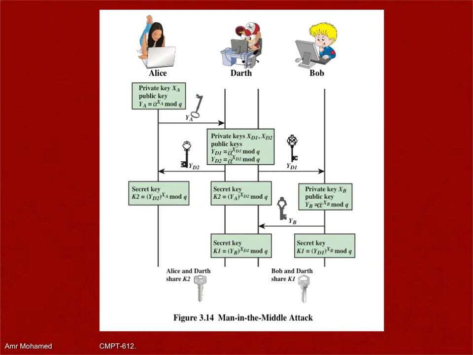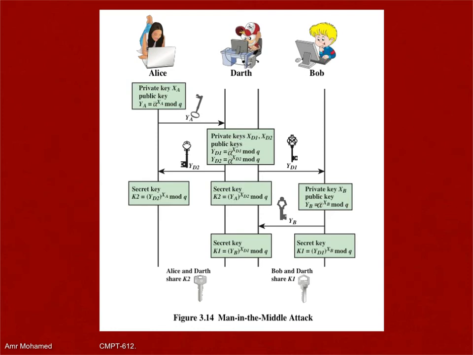Again, the good news is that Diffie-Hellman is proof against the eavesdropping attack. If you try to listen, you will not be able to guess XA or XB. But the problem is, alpha and Q are shared between everybody. Everybody knows them.